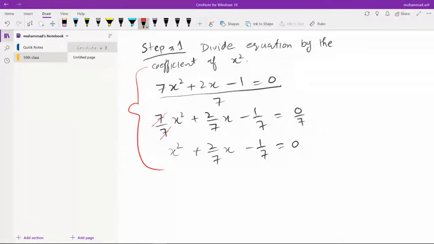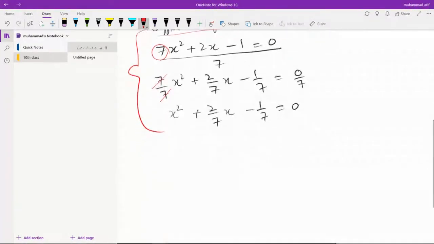Okay, I repeat it again. Divide the equation by the coefficient of x square. What is the coefficient of x square? Obviously 7. We divide the whole equation by 7.